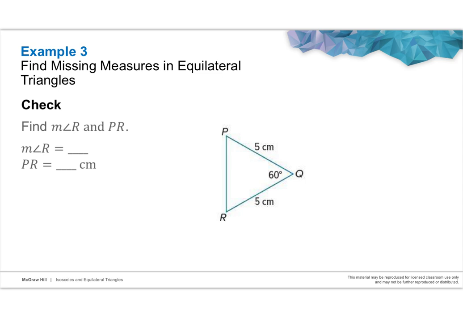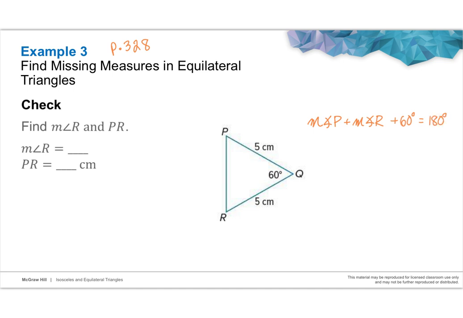In our check for example 3, which is on page 328 at the top, we're finding the missing measures in this equilateral triangle. First, find the measure of angle R and the side PR. I know that the measure of angle P plus the measure of angle R plus the 60 degrees that I have there is equal to 180 degrees.